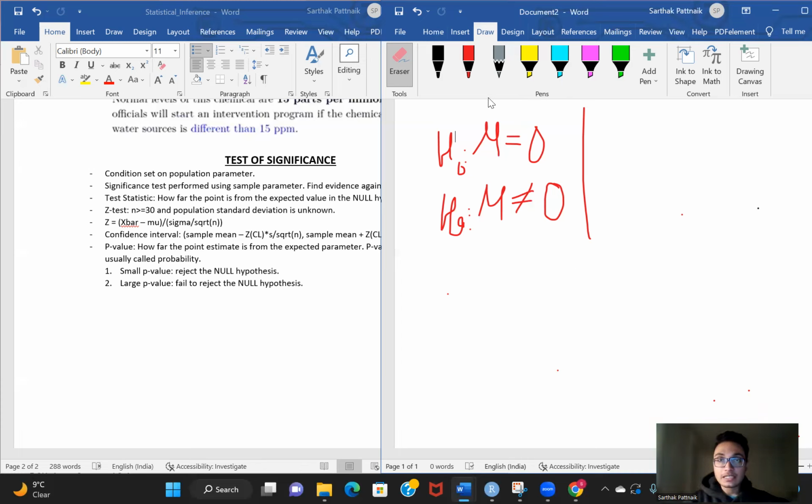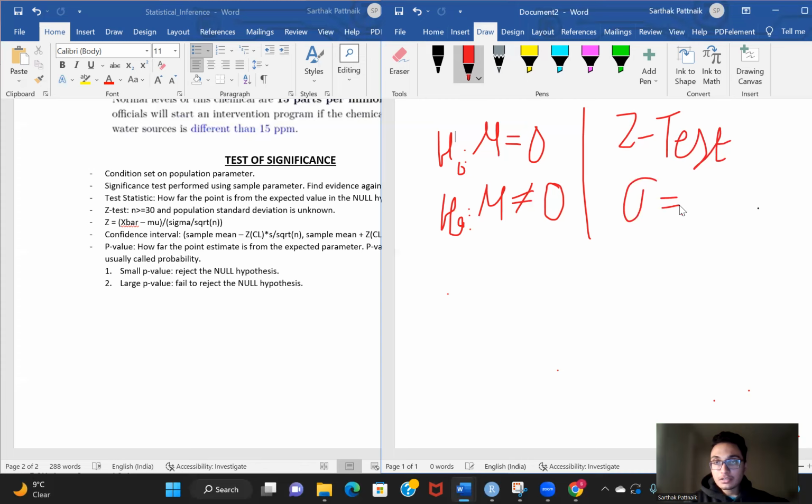For Z test, your population standard deviation should be unknown. So population standard deviation is unknown, number of samples greater than 30. Then we go ahead and apply Z test to perform statistical inferencing using hypothesis testing.